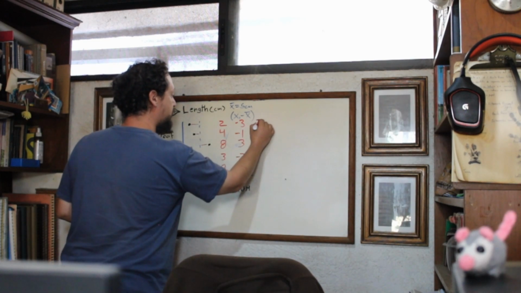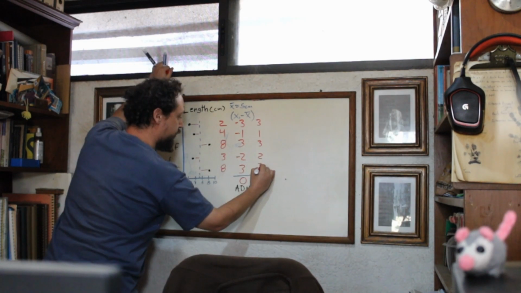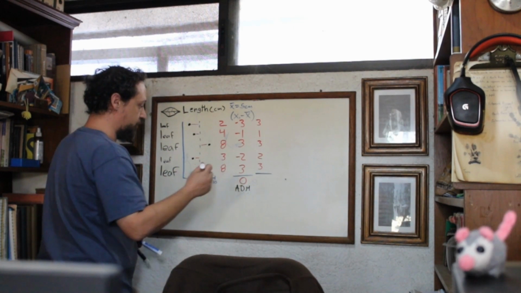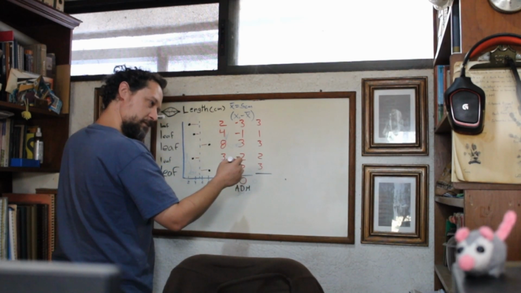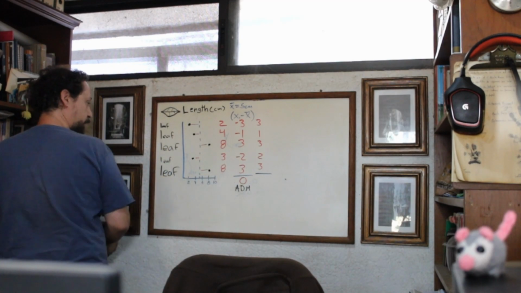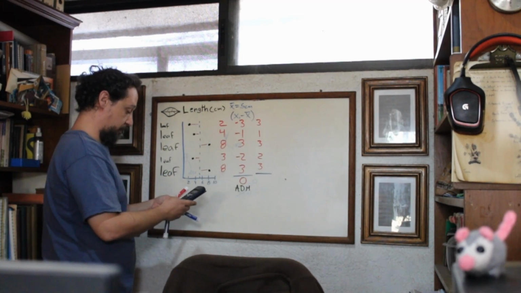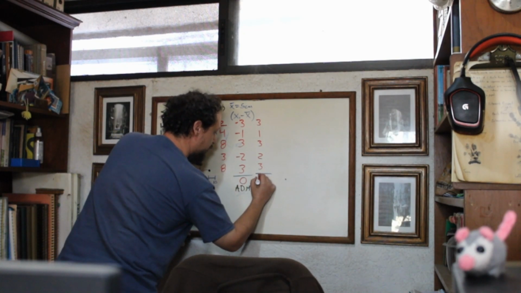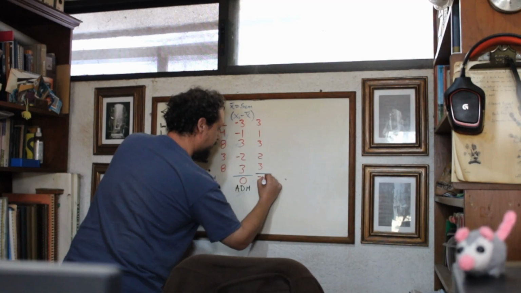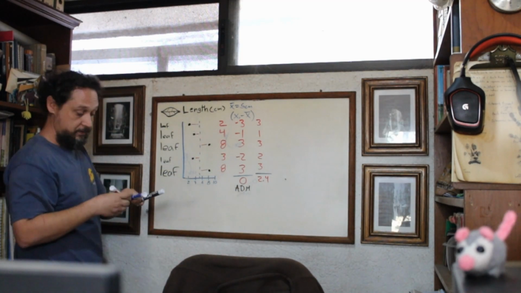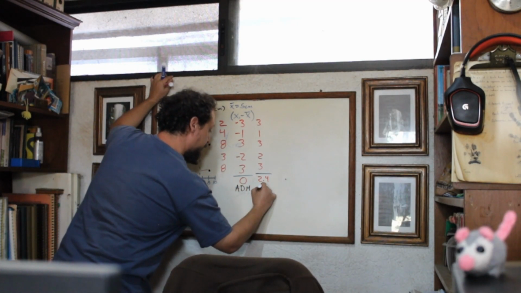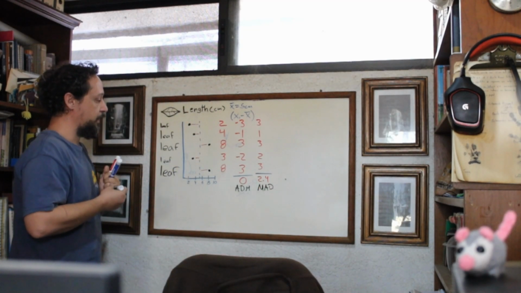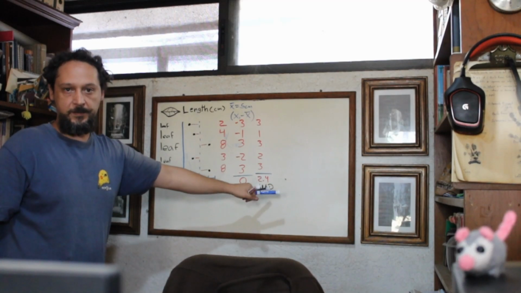So it's 3, 1, and 3, and so on, which gives us a mean absolute deviation of 2.4. And now this is what we call the mean absolute deviation. And this is pretty fine.